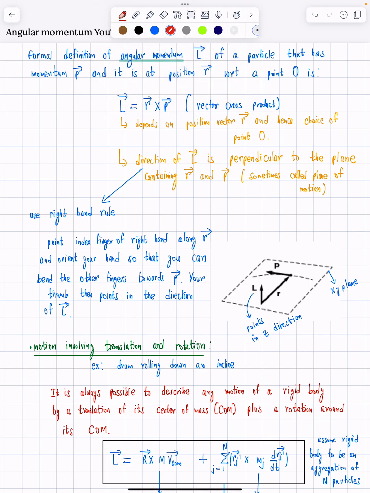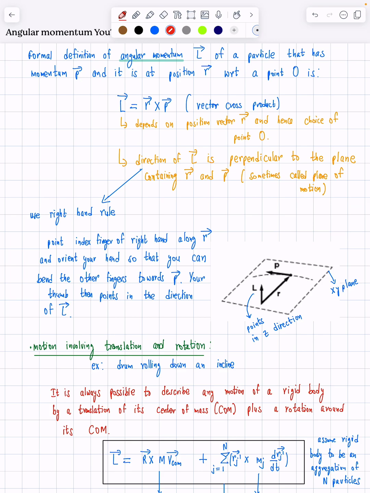defined as L is R cross P. This is a vector cross product, and R is the position vector of the particle with respect to a point O. As you can see, the angular momentum definition needs a point, so it is basically calculated with respect to a point.